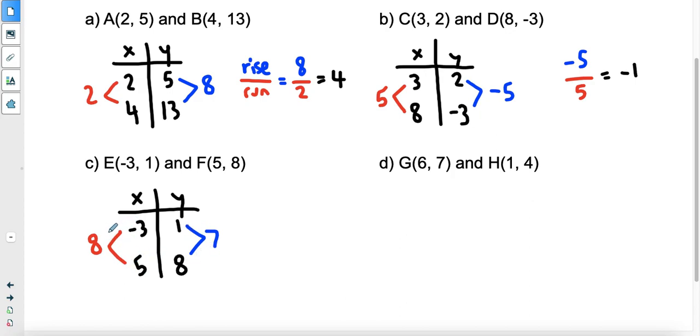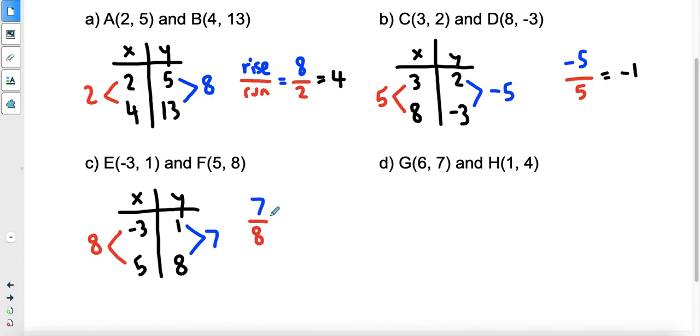You can always subtract to see how much the x or the y values will go up by. Now, to find the slope, I'm just going to divide these. Now, I can't simplify 7 over 8 anymore, right? So I'm just going to leave my answer as 7 over 8.